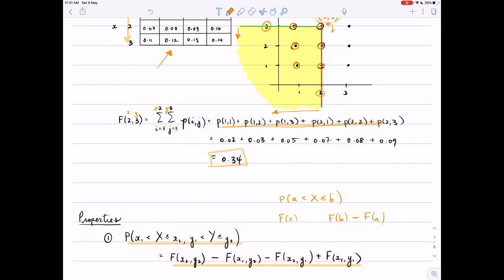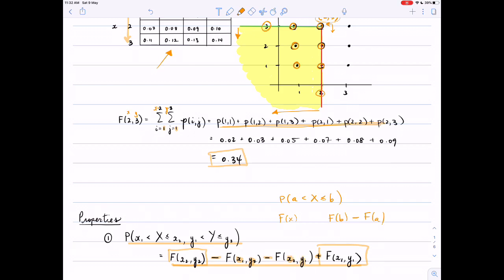And so here you might look at this and think, well, that should just be F of the top values minus F of the bottom values. But it's not. It's not even just minus the bottom values. It's plus them back in and minus these cross values where you've got the small x and the higher y, and the higher x and the smaller y.